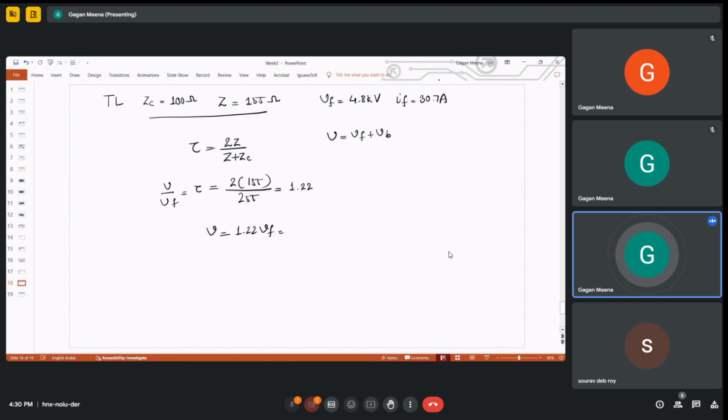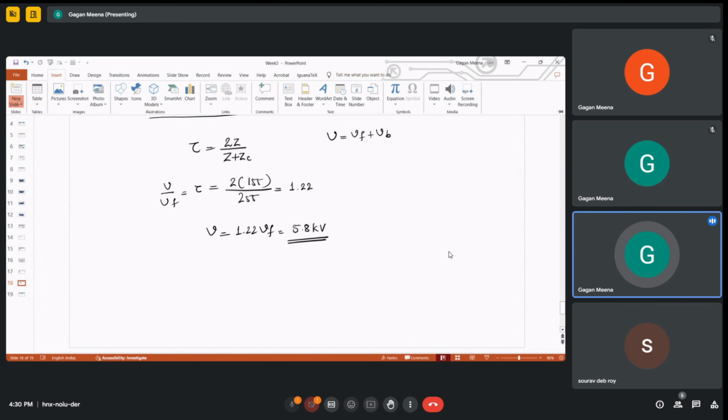It comes out to be 5.8 kV. So it was a very easy question, the only thing was to find the voltage at the end of the line. 5.8 kV.